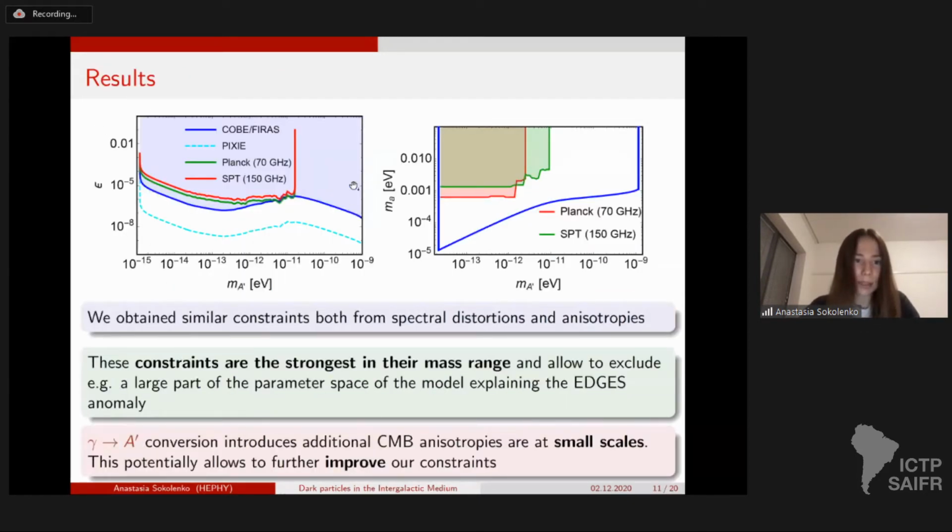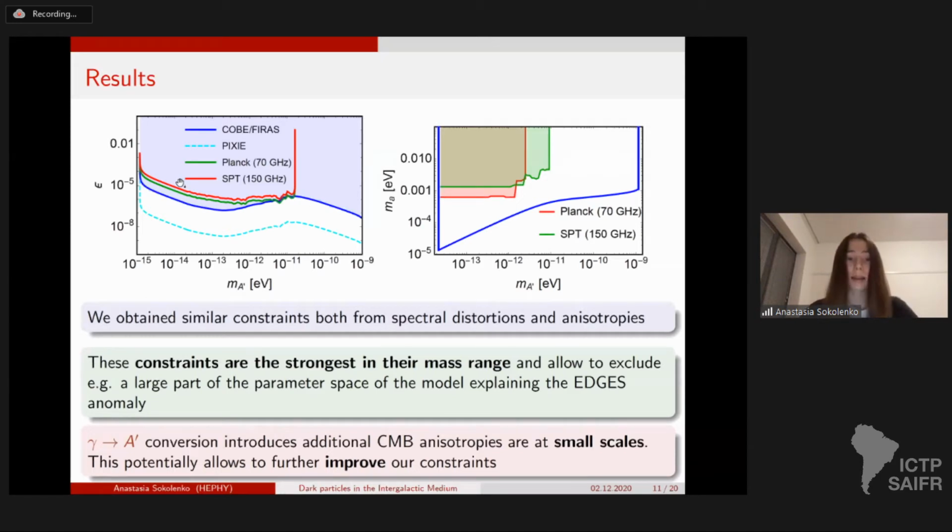In this plot, you see the constraints on the coupling constant between the dark photon and the ordinary photon, epsilon, and this comes from COBE FIRAS. These are constraints from PIXIE, which is a future experiment, and these lines are from Planck and SPT.